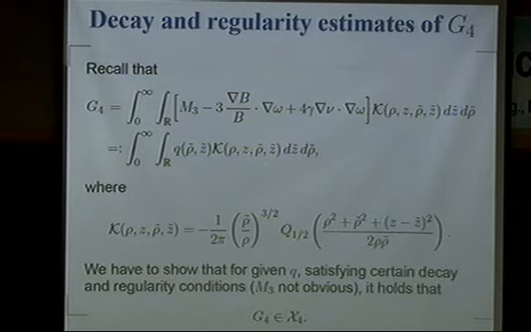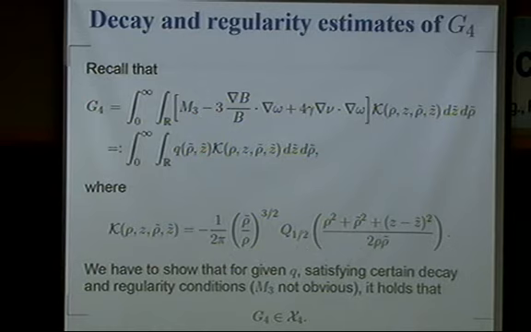And I have now abbreviated this guy here by q. So this is something which is basically given. I would say that this M3 is not completely obvious what regularity it has. It's a matter term, but it has a bad factor, 1 over rho in front of it. But it's possible to obtain sufficient regularity on M3.